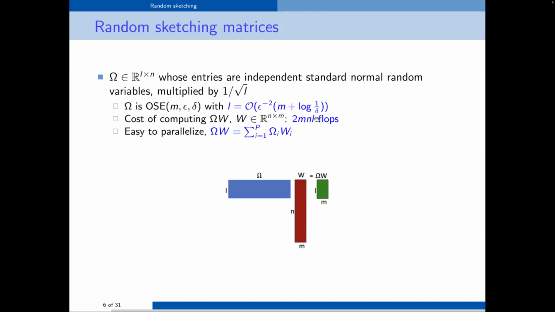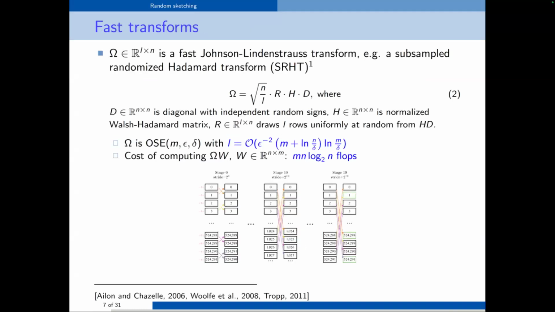And because we might want more accuracy, so we might want to increase L, then that's an active research topic to find some other structured random matrices such that we don't have a dependency on L here in the number of floating point operations.